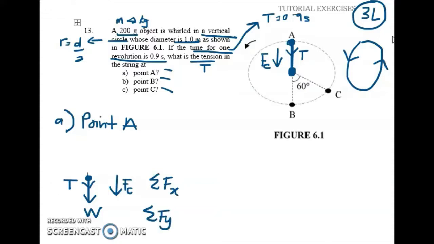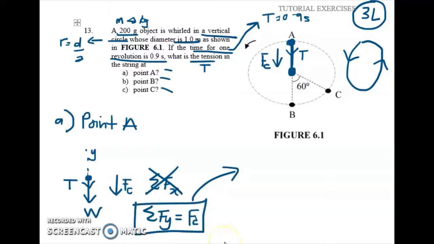There's no force on the X component, so you don't have to write down. But FC is on the Y component here, so FC is summation Fy. Okay, now what we're going to do next is do this part to find tension. If you look at the direction for T and W, they are the same direction as FC, so just add them up like this.